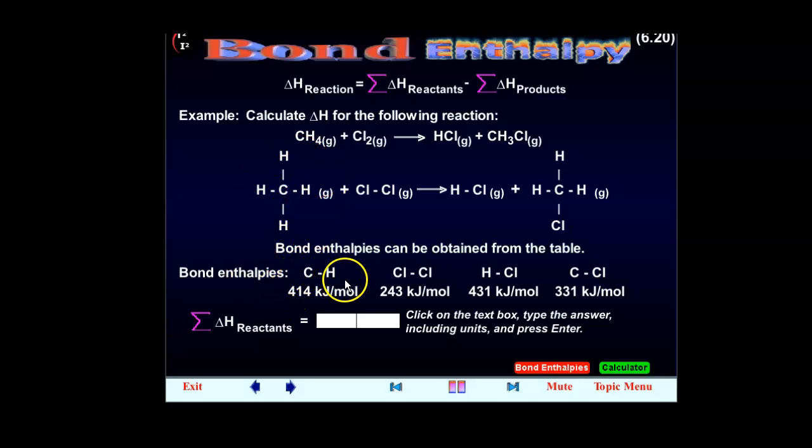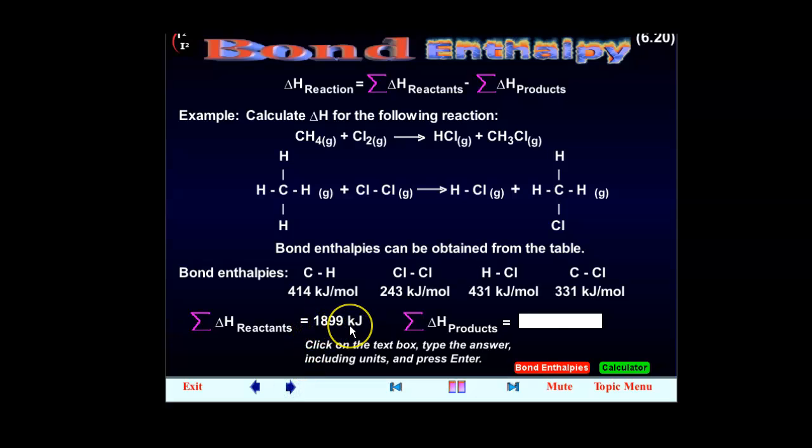That's going to be 4 times C-H, because C-H is 414 times 4. Plus the Cl-Cl is just 1 bond, so plus this one. If you do that correctly, you are going to end up with 1899 kilojoules.